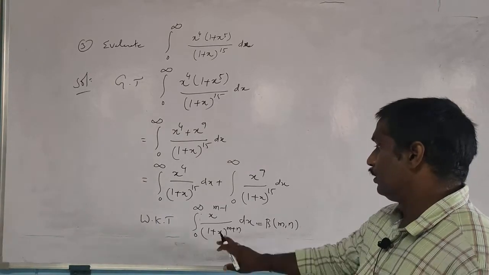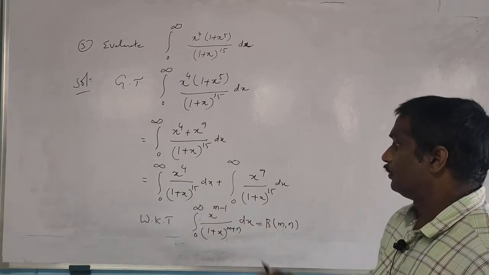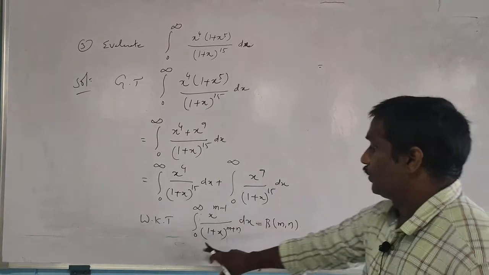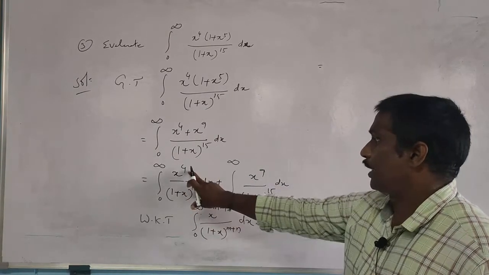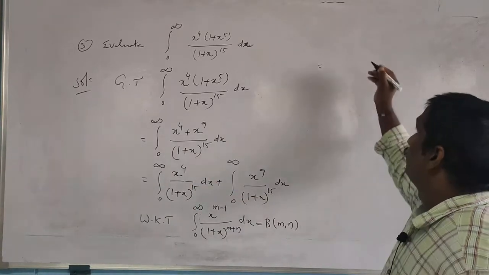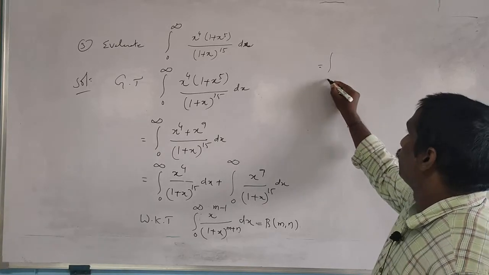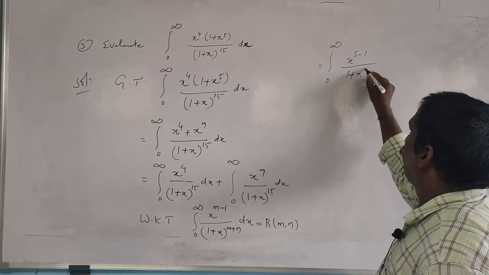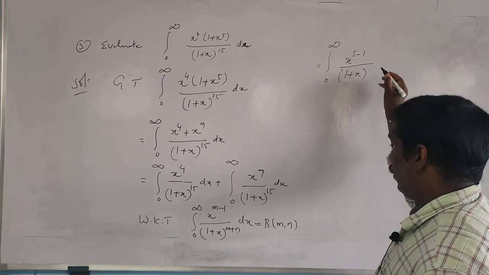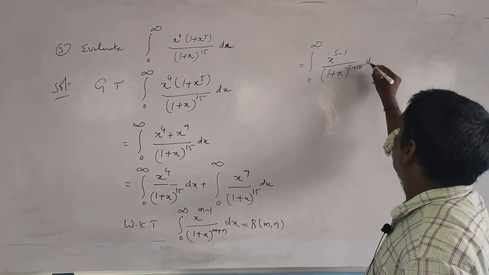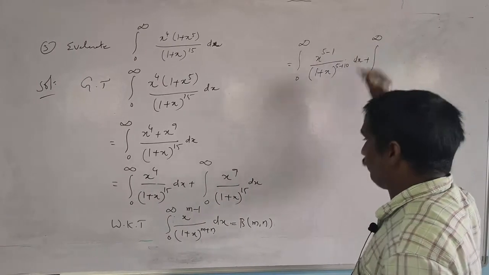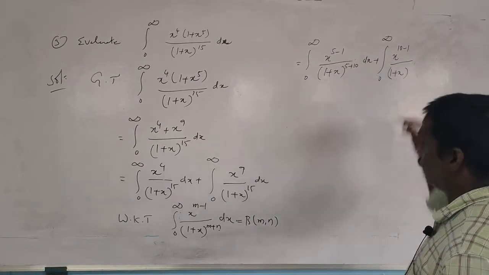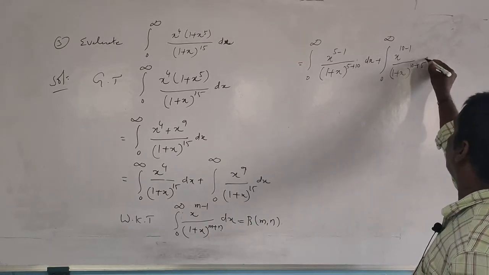Using the formula, the above integral can be written as the integral from 0 to infinity of x power 5 minus 1 by (1 plus x) whole power 5 plus 10 into dx plus the integral from 0 to infinity of x power 10 minus 1 by (1 plus x) whole power 10 plus 5 into dx.